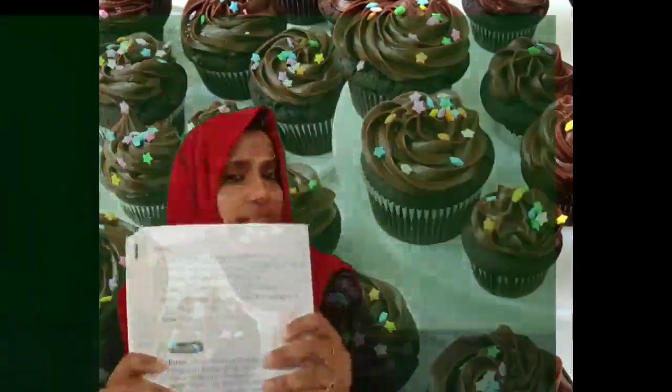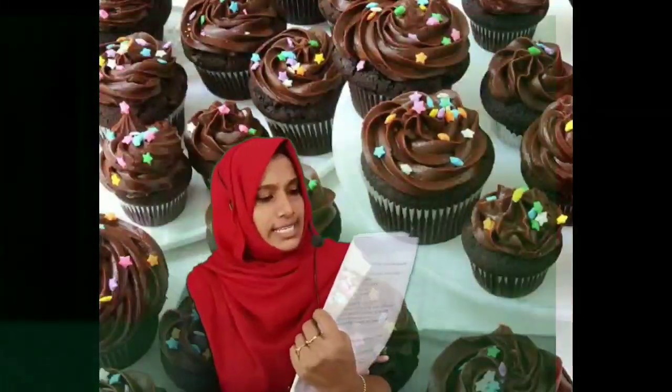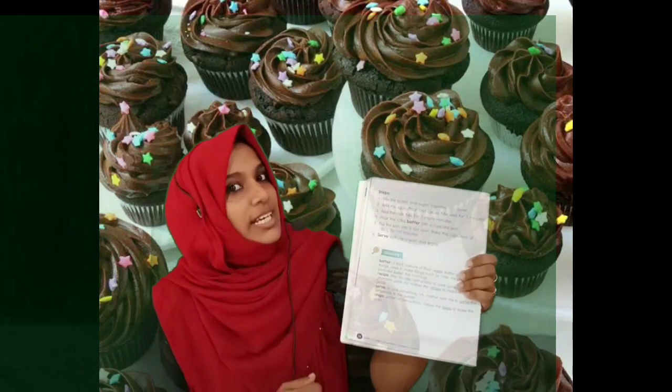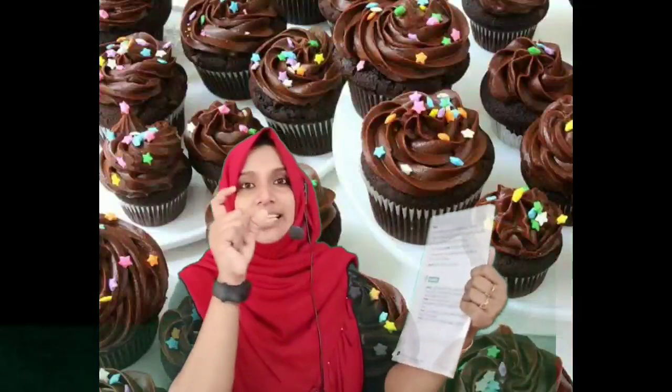Okay, now look at this page again, these sentences again. Where are the doing words in the sentences? See here, where is the position of the doing words? Yes, we can see that doing words are given in the beginning of the sentences. Why? Because these are instructions.